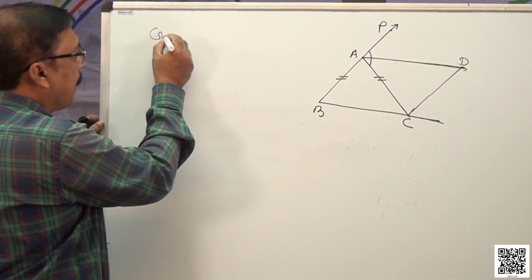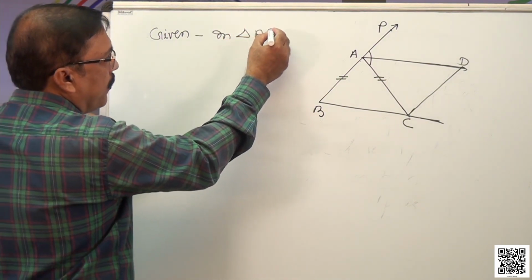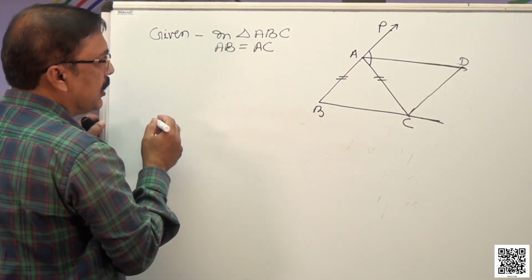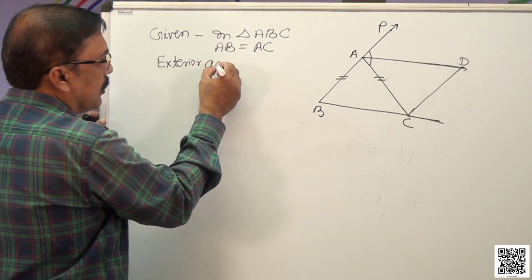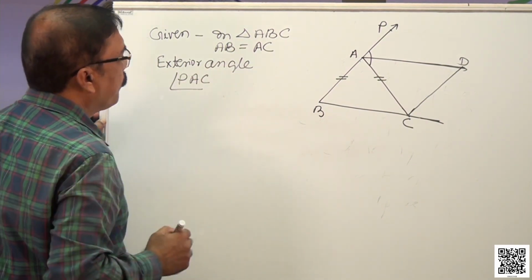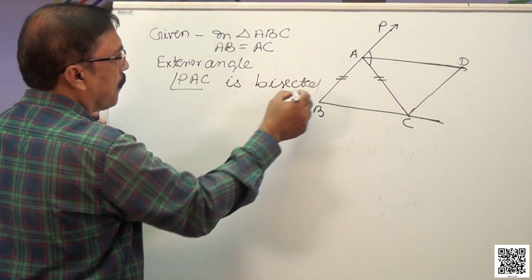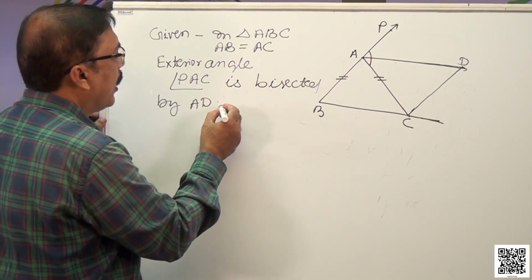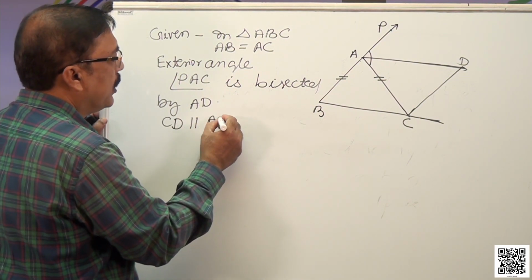So, here we can say what is given: in triangle ABC, AB is equal to AC, exterior angle PAC is bisected by AD and CD is parallel to AB.